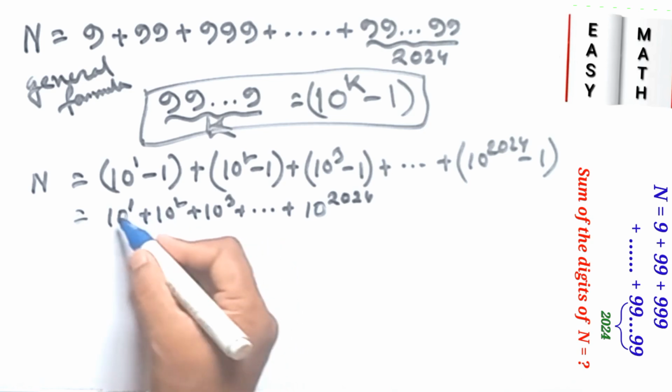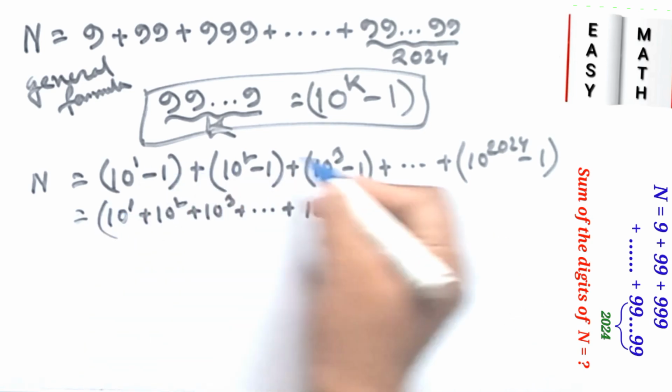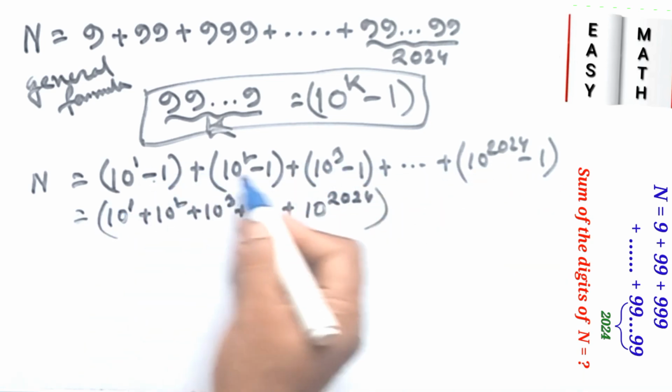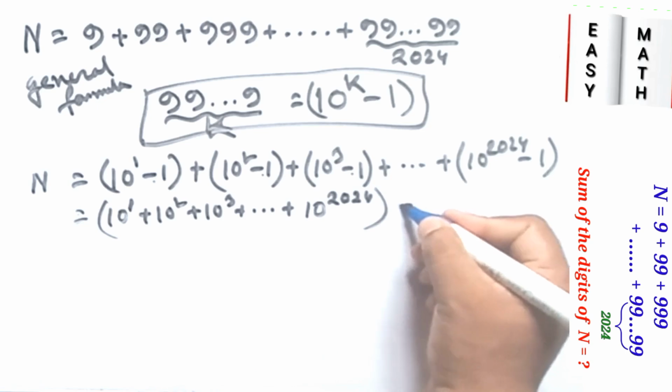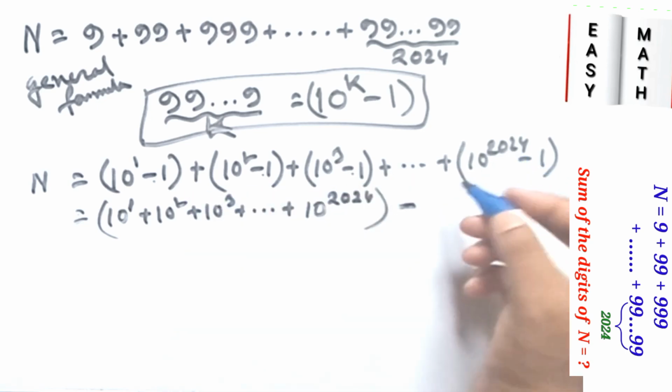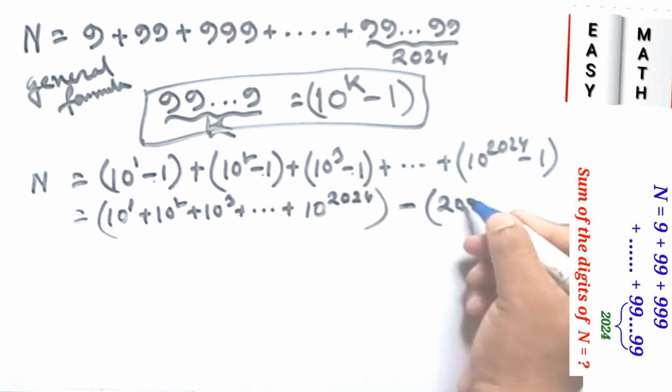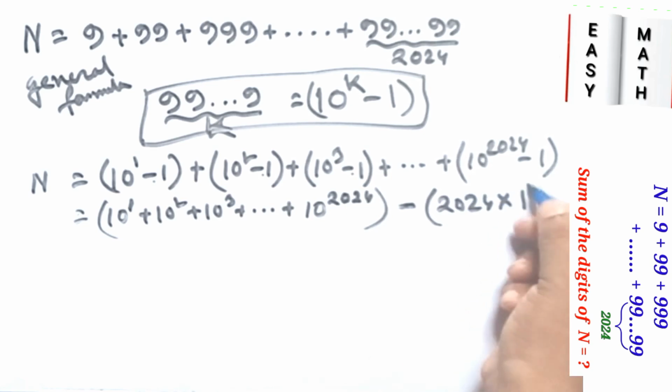And this is the sum, minus 1 minus 1 minus 1, this way, the minus 1 for each term.